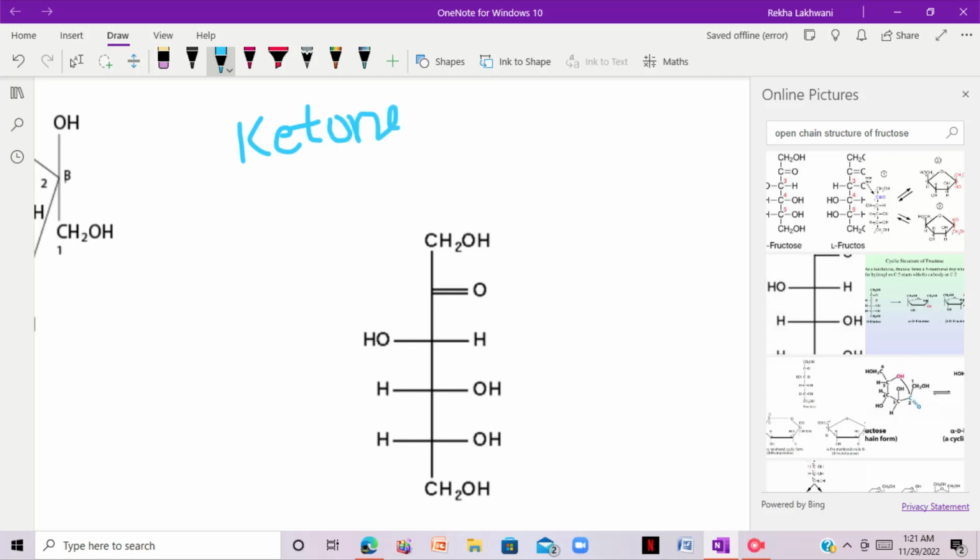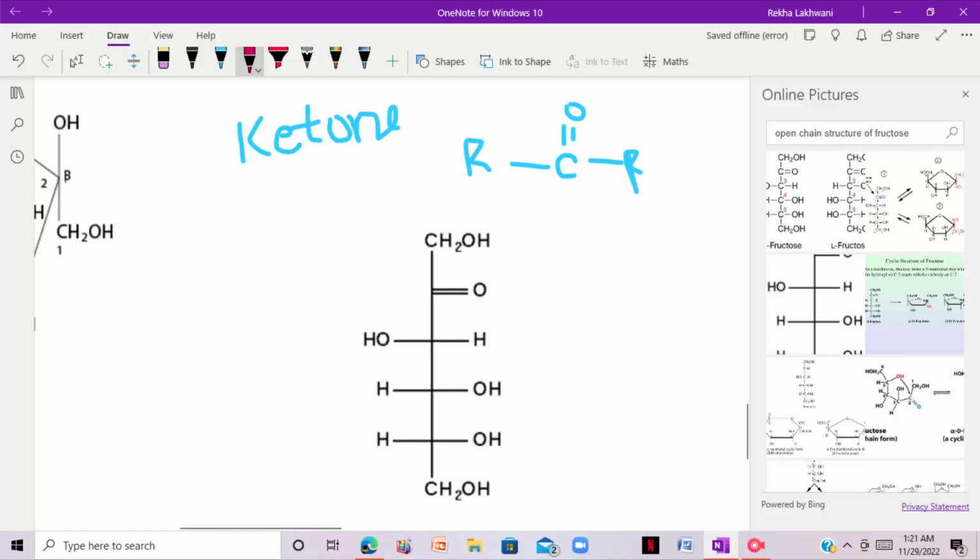Carbon number 1 and carbon 6 are out of the ring. This ring is known as furanose. It contains 4 carbons in the ring, 2 carbons out of the ring, and an oxygen.